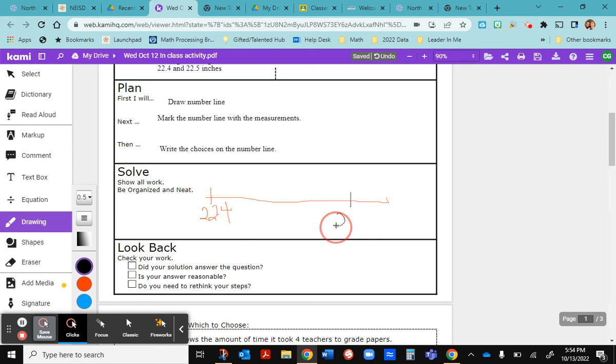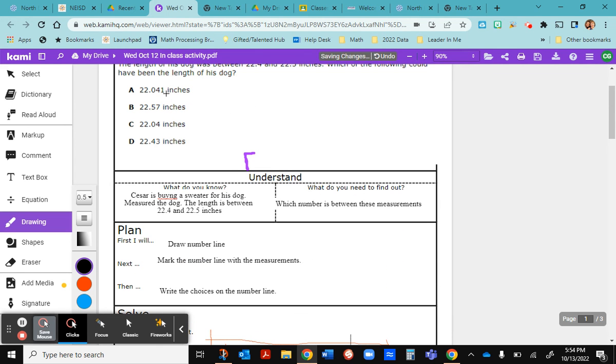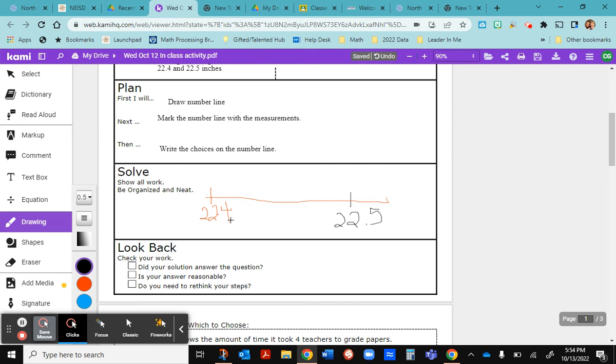And then this is going to be the 22 and 5/10. All right, remember our answer choices? 22 and 41 thousandths, right? Do I have anything in the tenths place? No. So that guy's going to be over here at 22 and 041.